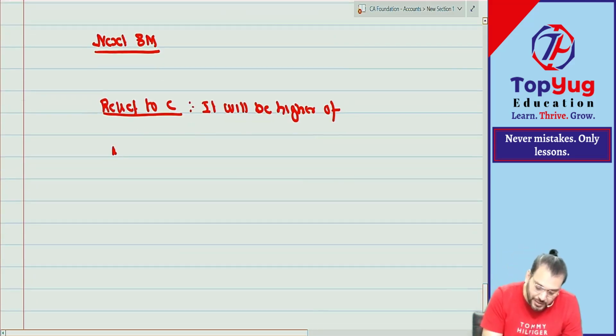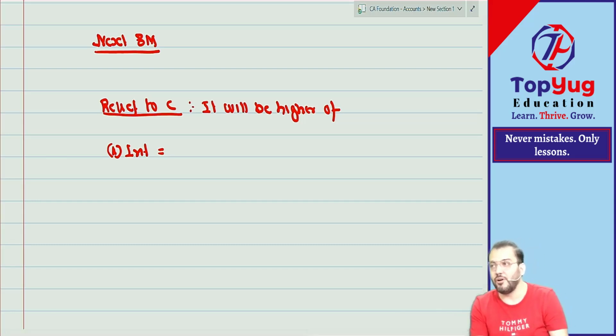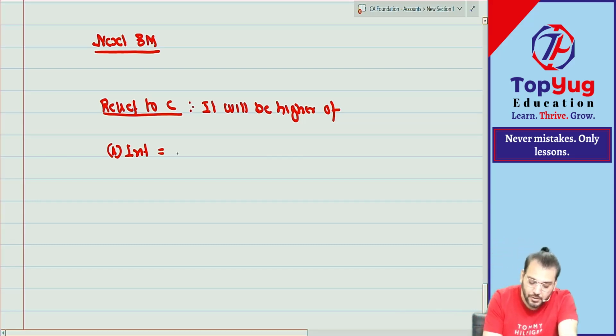First, A. Interest on which amount? Outstanding balance. What is the outstanding balance of C? I have given the question. Outstanding balance on the date of event. 4 lakh.